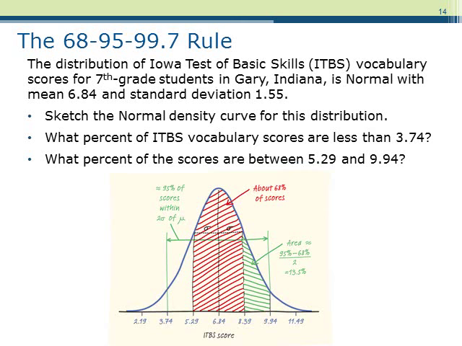Finally, by symmetry, half of these observations are between 8.39 and 9.94, so 13.5% are between these values. So, adding 68 to 13.5 gives us a final answer of 81.5%.